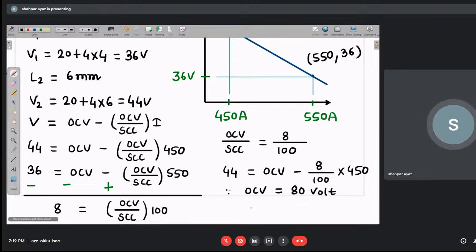Now whenever you put 80 here for short circuit current, 80 or 8, 8 cancel, it is your 1000 ampere. Okay, this is going to be your final answer.